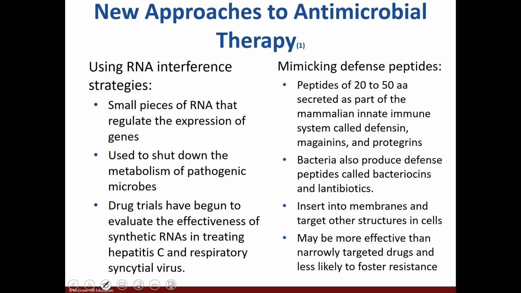If new antibiotics are not being developed, what is being done? Pieces of RNA that control expression of genes can be used to shut down metabolism. It's currently being researched in viral infections like hepatitis C and RSV. The insertion of defense peptides in the cell membrane is also being studied.